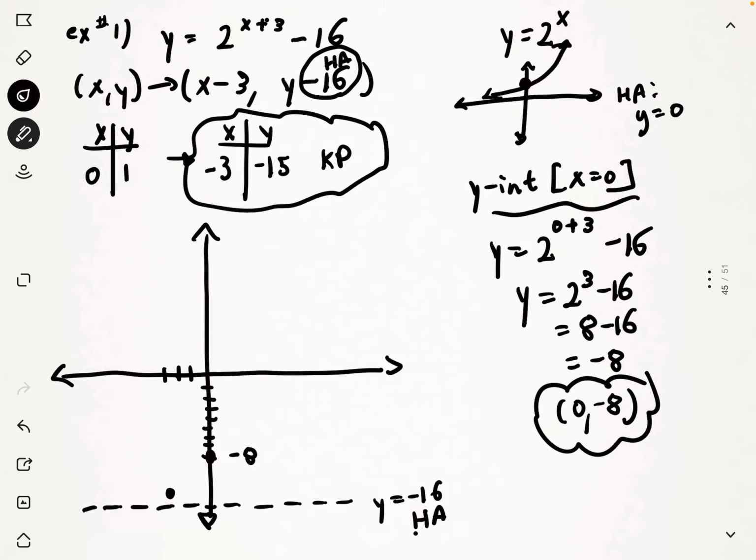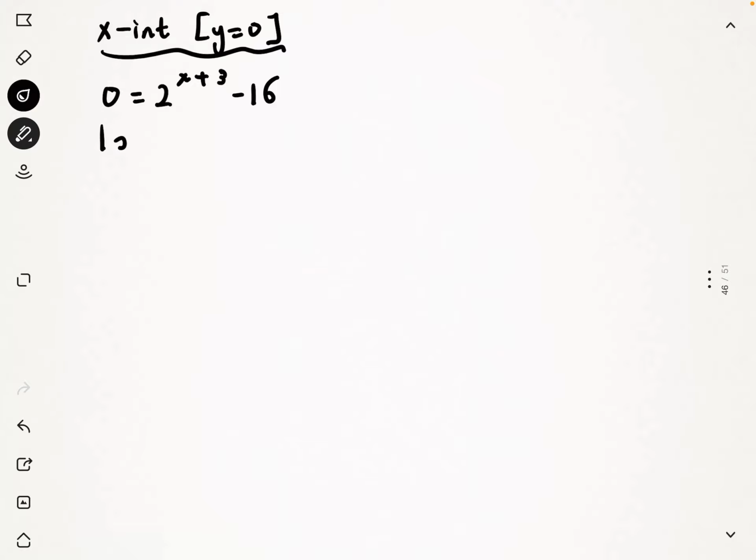We could sketch our graph right now, but why don't we instead get an x-intercept, which is a little bit harder. So we can say an x-intercept is, once again, to place 0 in for y. And here, we're going to have to do a little bit of algebra, but it's not logs, so it won't be so bad. I'll bring that minus 16 over.